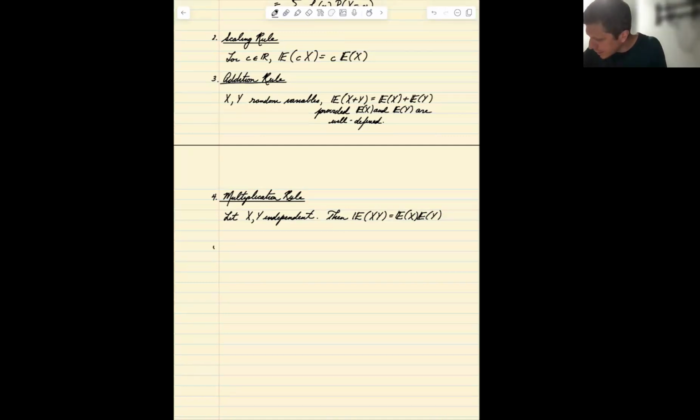And finally, the conditioning rule, or the tower property.